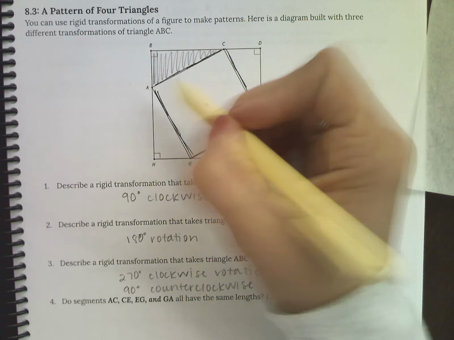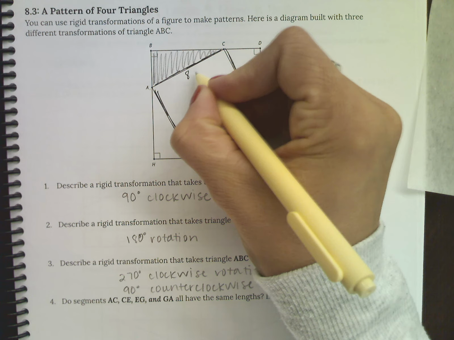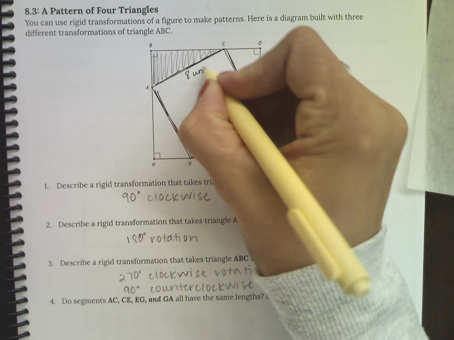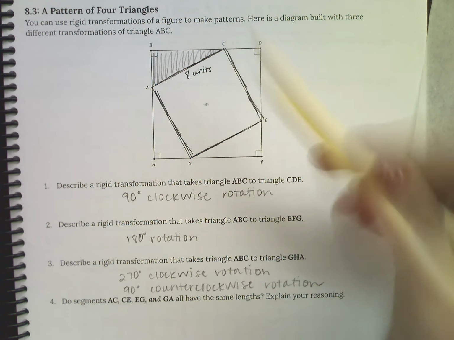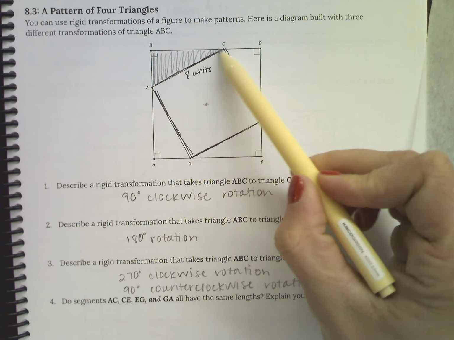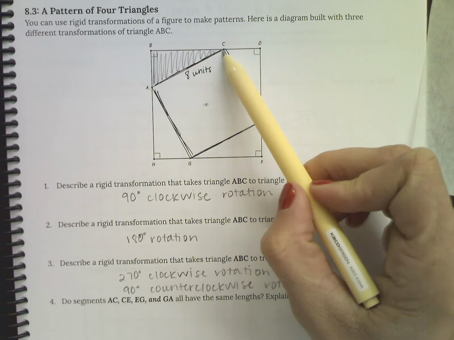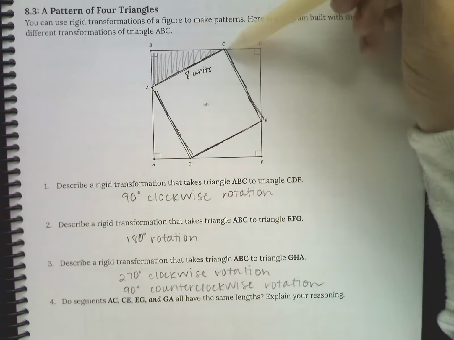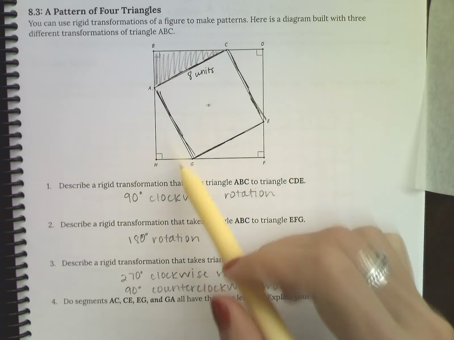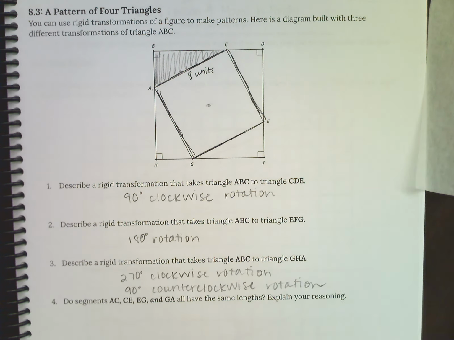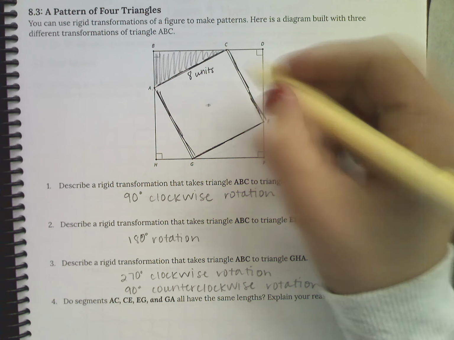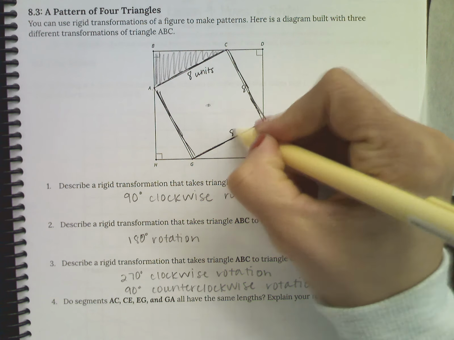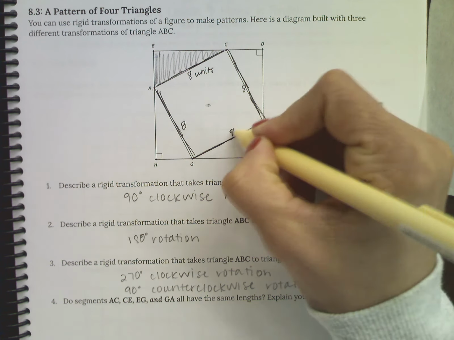So if I told you that AC was 8 units long, when I rotate, this is my longest diagonal side on this triangle. It's also the longest diagonal on each of my triangles. Because they are corresponding, meaning that they line up with each other, all 4 of those sides are 8 units long.